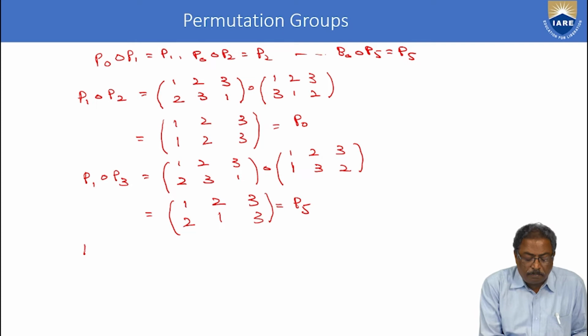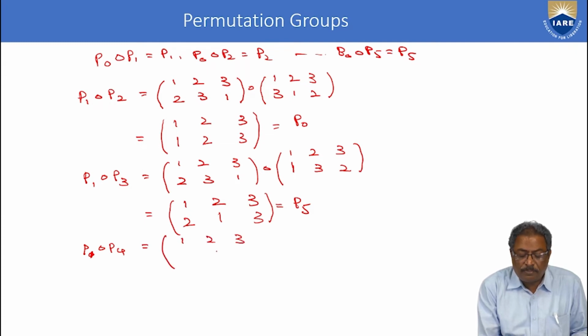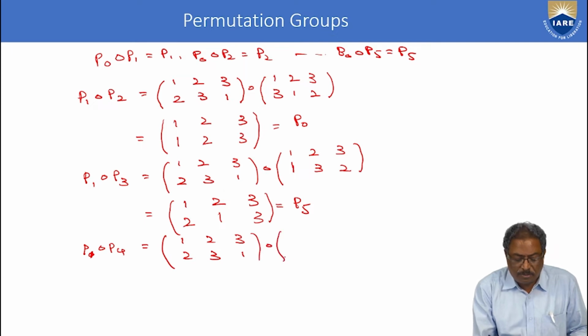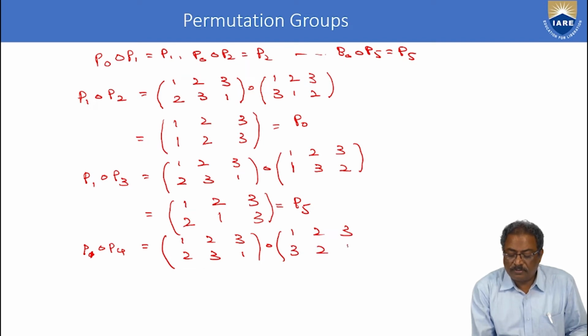Similarly, P1 composition with P4. Take P1 as 1, 2, 3 over 2, 3, 1, and P4 as 1, 2, 3 over 3, 2, 1.